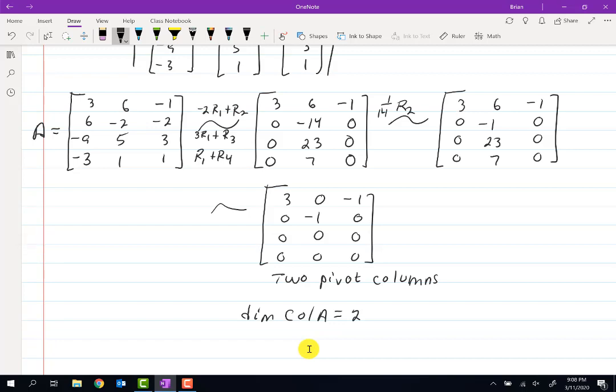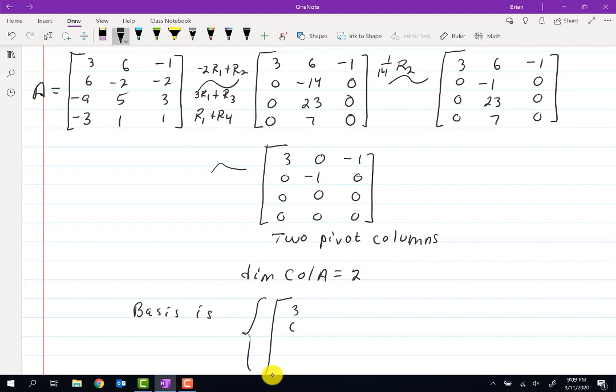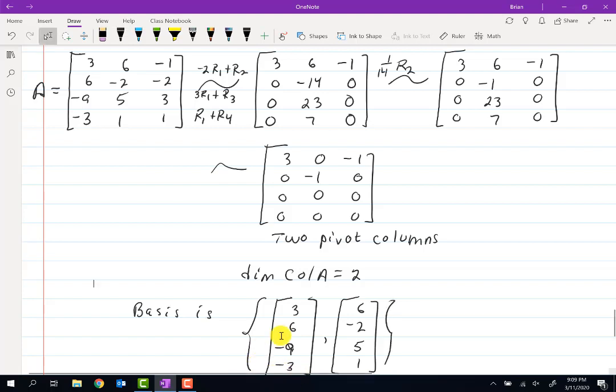And that means that my basis is given by (3, 6, negative 9, negative 3) and (6, negative 2, 5, 1). Don't forget to use the original items from the matrix and not the whittled down version.